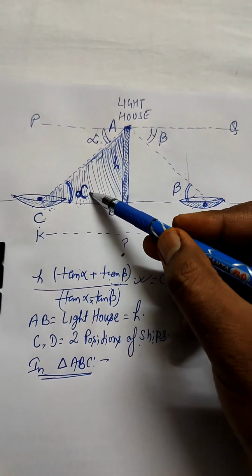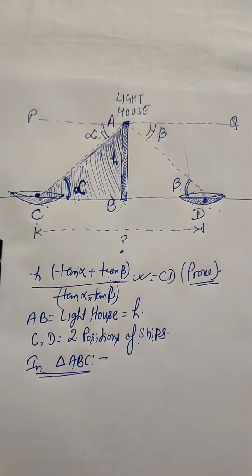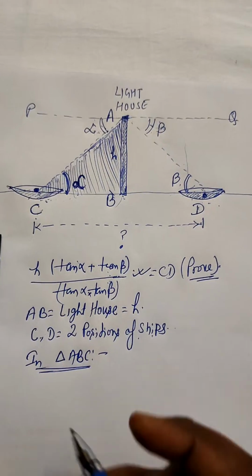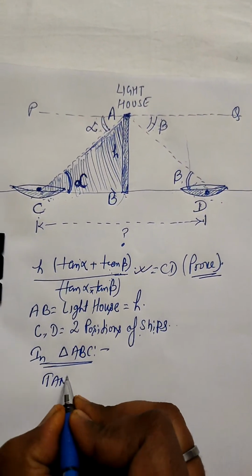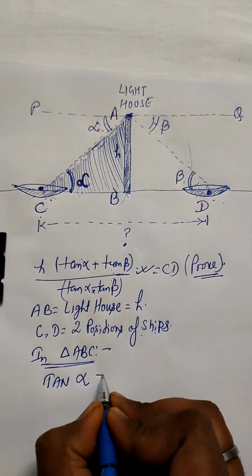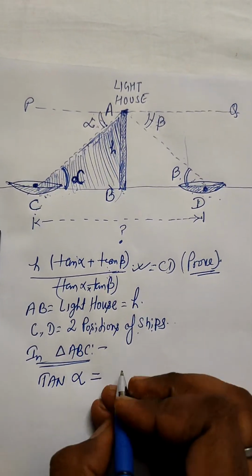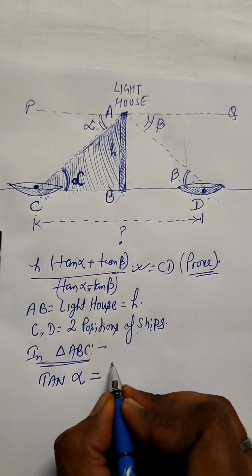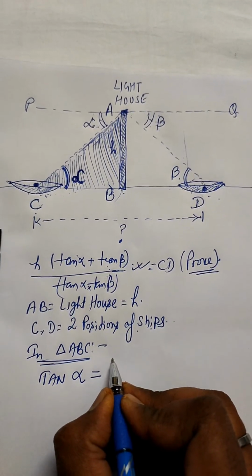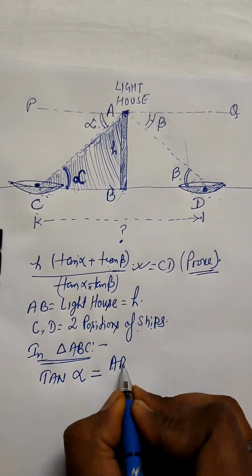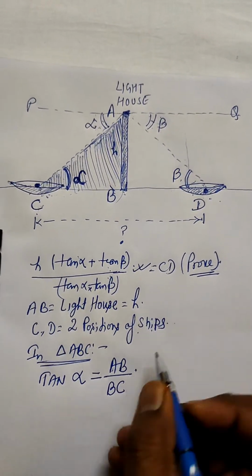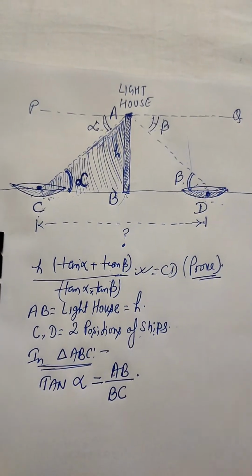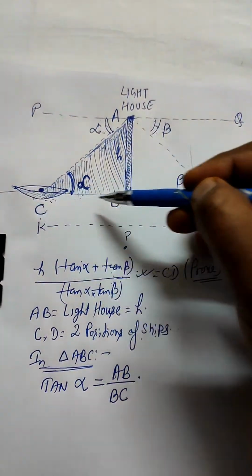So for tan alpha, tan alpha is AB by BC, right?